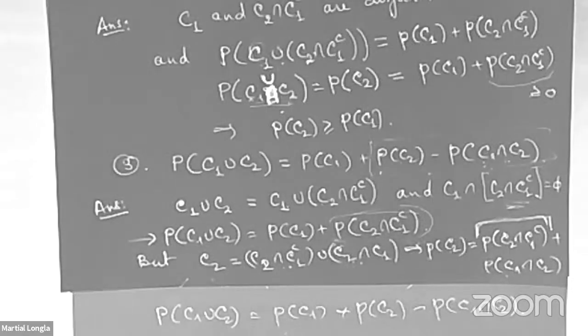We use it every day, but we need to know how to prove it, right? From the principle. It makes sense when you look at it that, yeah, when you're adding things, you need to subtract the intersection, but how do you use the properties to prove it? Because this course is mathematical statistics, so we do the mathematics that is behind the statistics. You need to formally prove everything to make sure you understand why it is being done and why it is correct, not because intuitively you think it's okay.